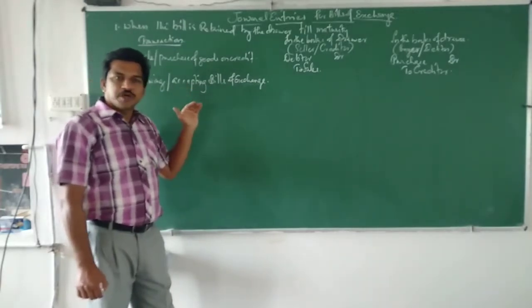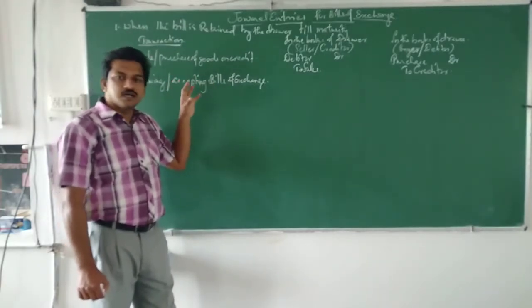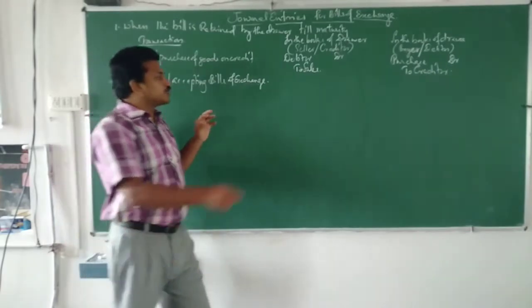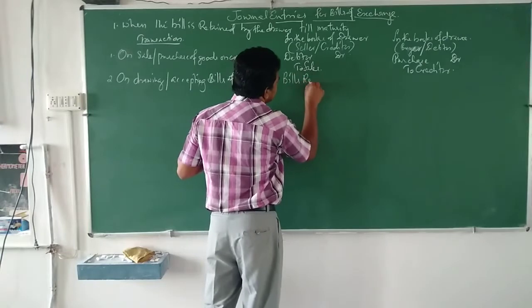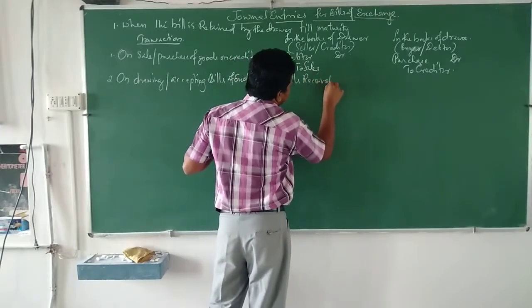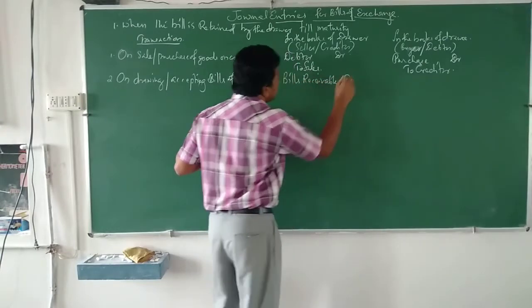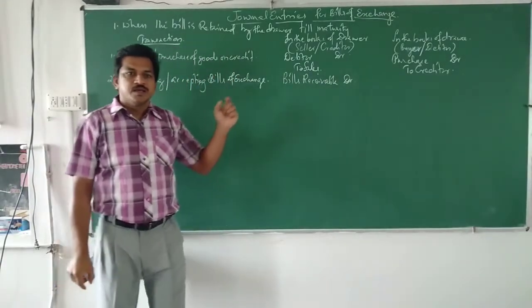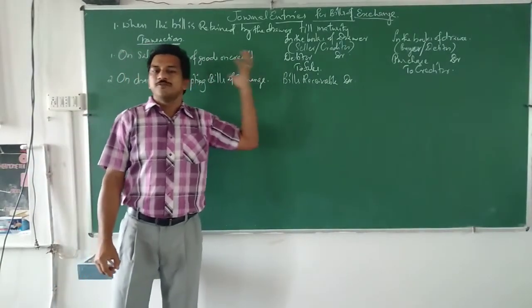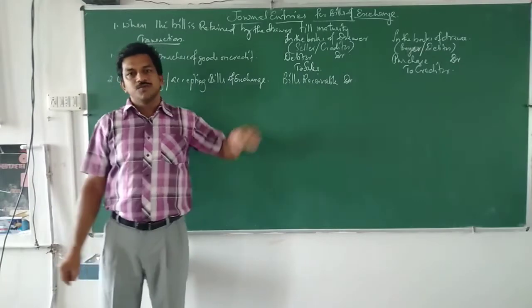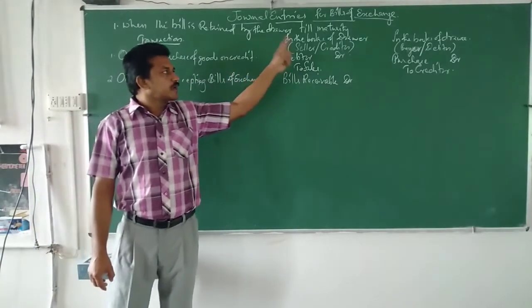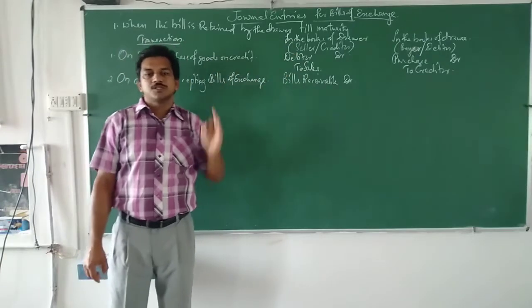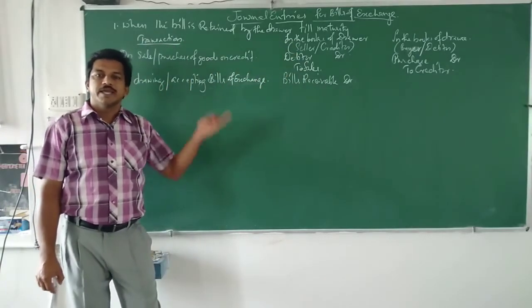Yes, for the drawer, he has written a bill that is called the bills receivable. Bills receivable, debtor. What do you mean by bills receivable? He has to receive money against that bill. The maker or the seller or the creditor has to receive money against the bill.